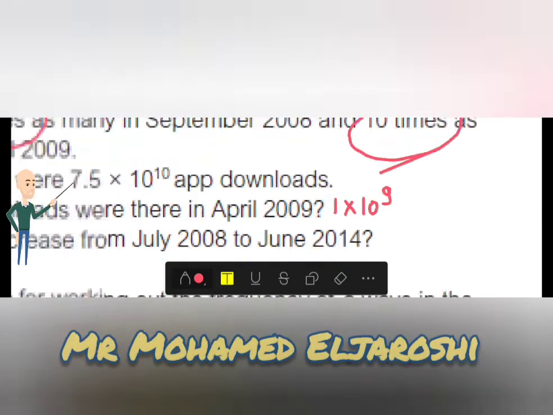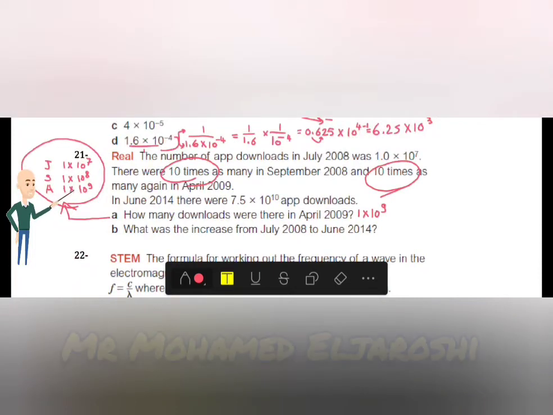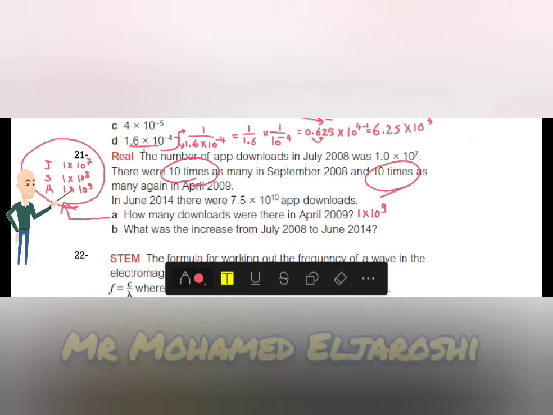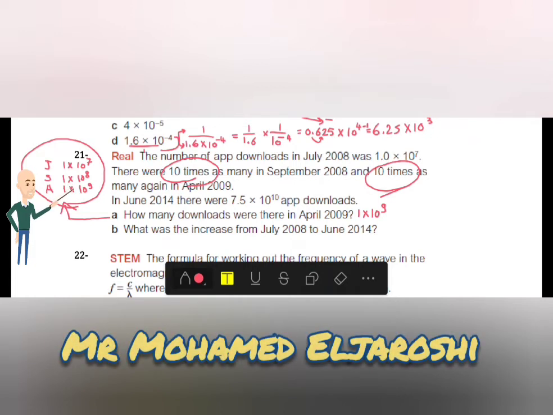This is April. And then the question after it, what was the increase from July 2008 to June 2014? So from July 2008, which is this one, till June 2014, which is this one, and they want the increase. So we just have to subtract them from each other.